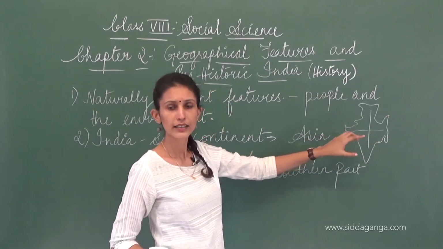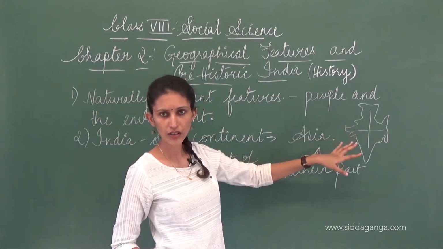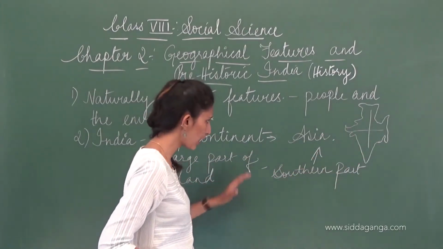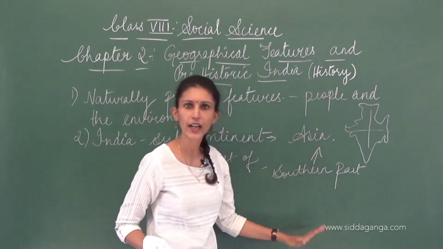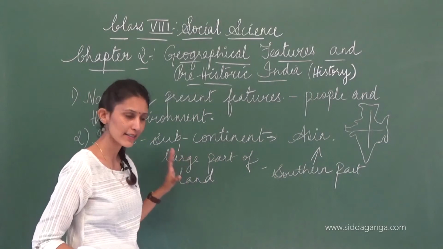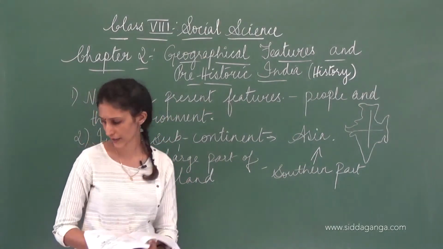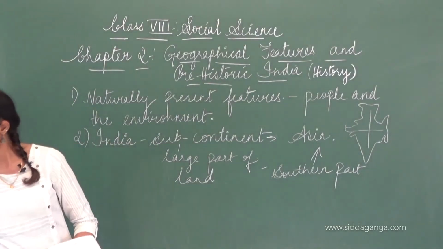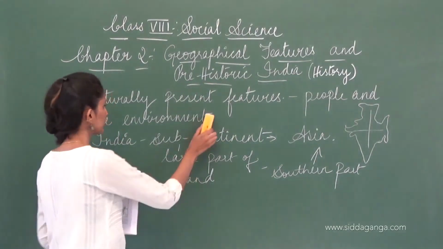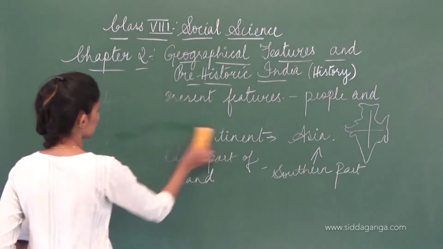This whole country is in the southern part of the continent of Asia, and it is covering a large part of land. That is why it is called a subcontinent. All right.